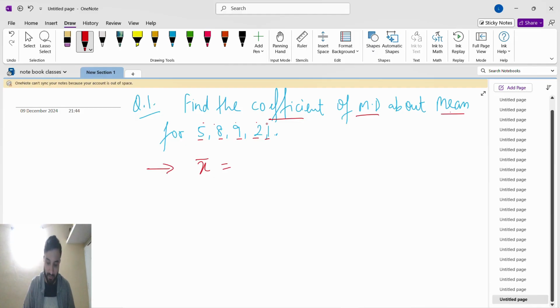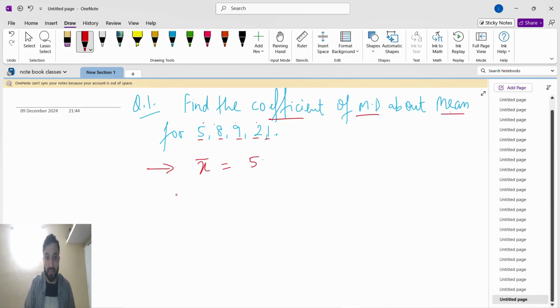If you are bad at maths, please use the calculator. So the sum of observations is 25, divided by the total number of observations, 5. The mean you are getting is 5.